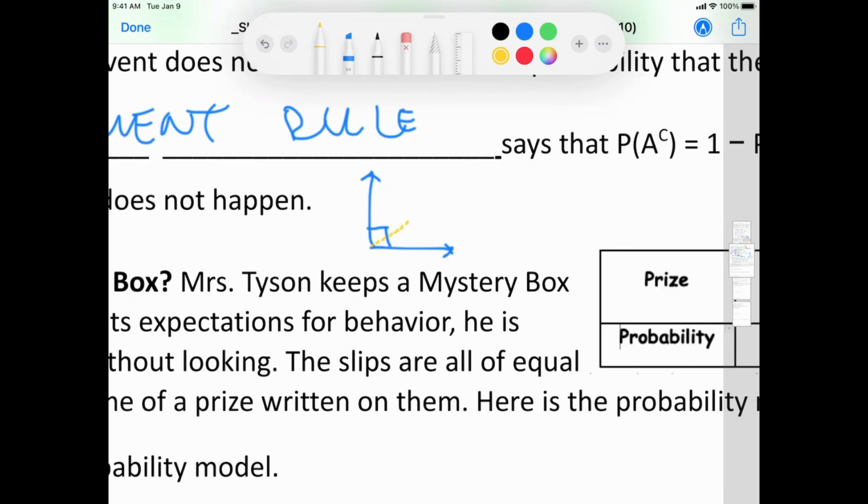So if I threw out some kind of line that's cutting it, and if I said that this was 40 degrees, the complement of 40 degrees is 50 degrees because 40 plus 50 equals 90 degrees. Okay? So that's back in complementary angles.